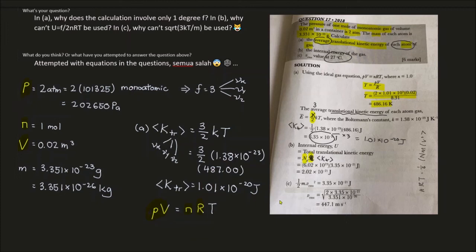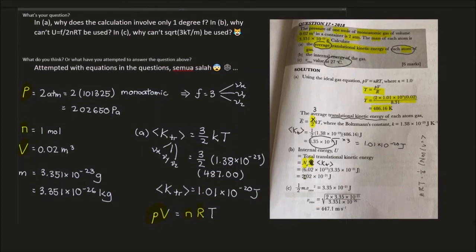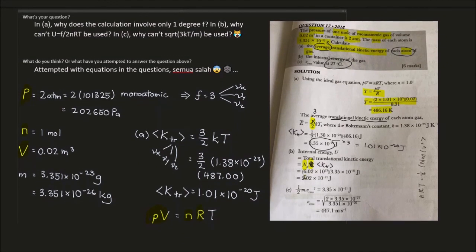The author is being smart by using a sort of shortcut, but I think the author forgot that the question asks for another temperature. Let me explain it slightly further. This 3.35 that they obtain here, they assume that is correct. It's the average translational kinetic energy.